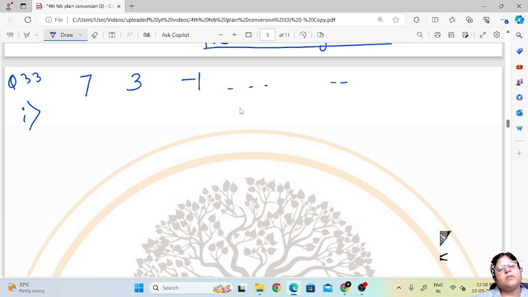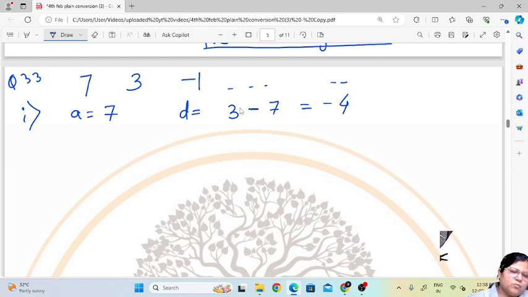So first, from the given information we'll point out what things are given. A is the first term, which is 7. Then we will calculate the common difference D, which is the second term minus the first term, which gives you negative 4. And what is the formula for finding the term?